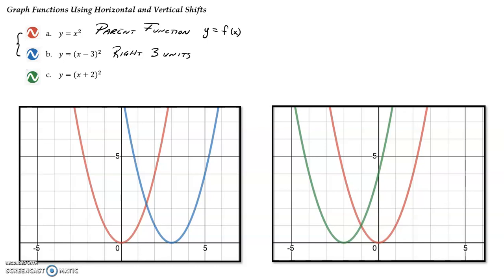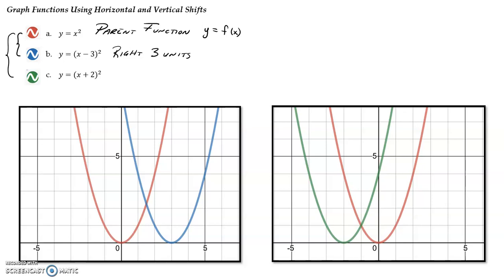And let's go ahead and take a look at our next graph. This time, we're going to be working with our parent function, which is x squared, graphed in red. And we also have the graph of y equals x plus 2, the quantity squared, which is graphed in green.